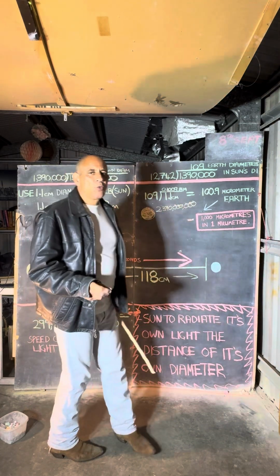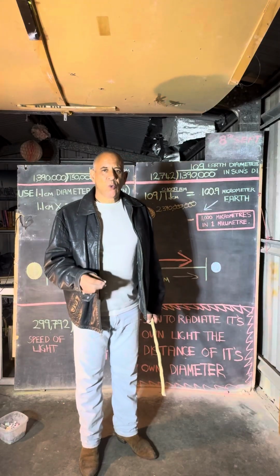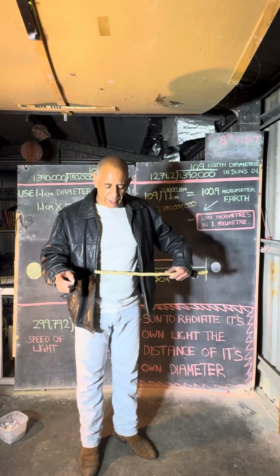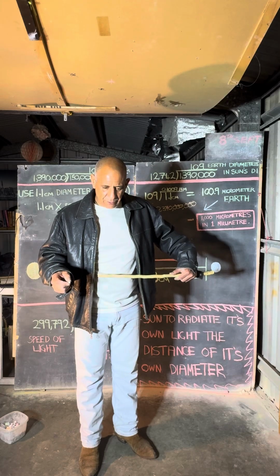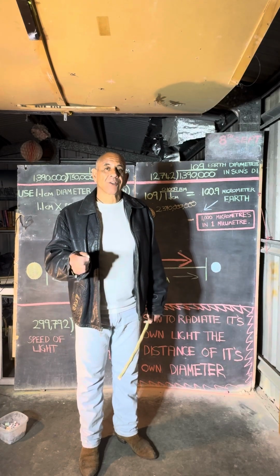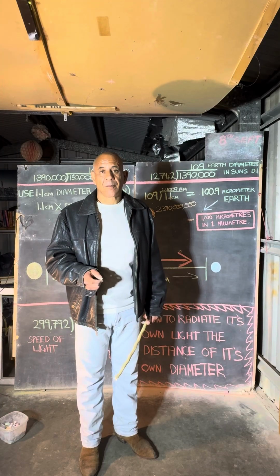It takes UY Scooty 2 hours and 12 minutes to radiate its own light the distance of its own diameter. 2 hours and 12 minutes.